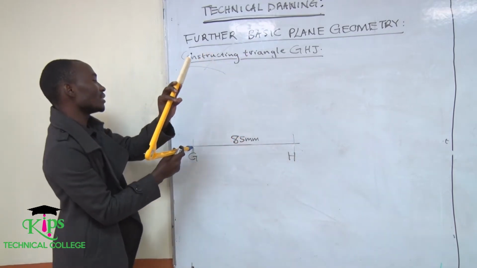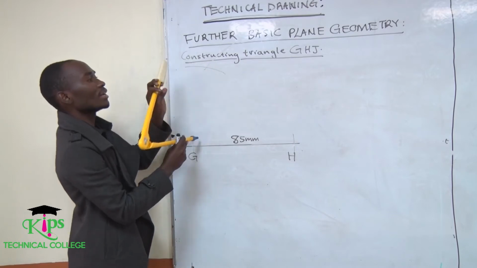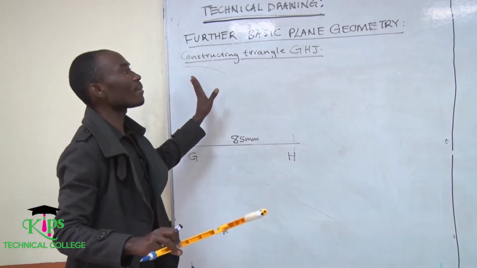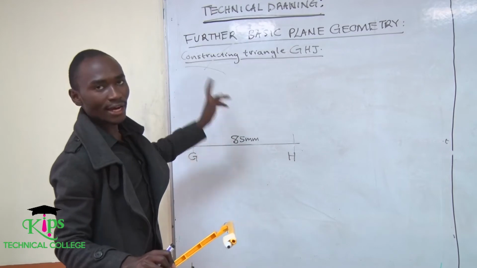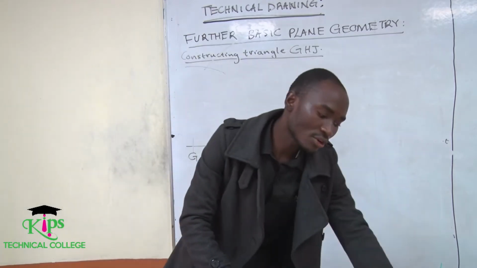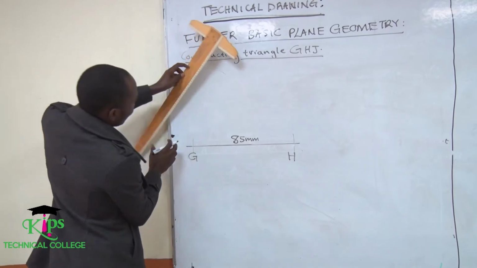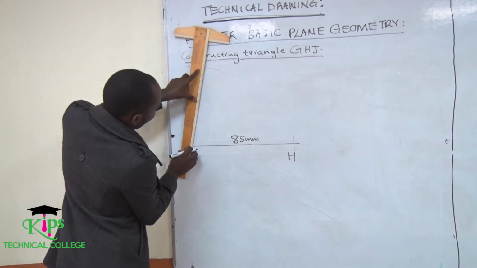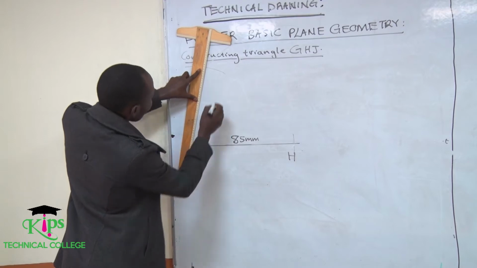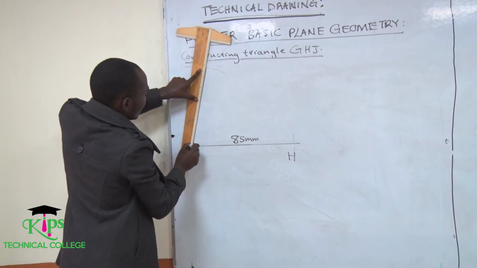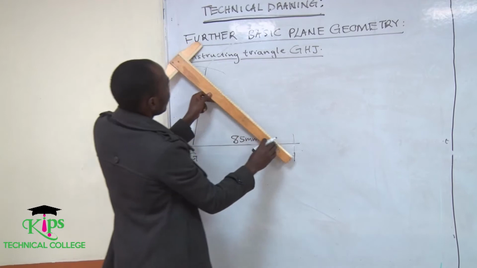Then standing at G, I marked 60 millimeters. So there is a point whereby the two arcs have crossed each other. So what do I need to do? I need to join them to form a triangle. So that is my triangle.